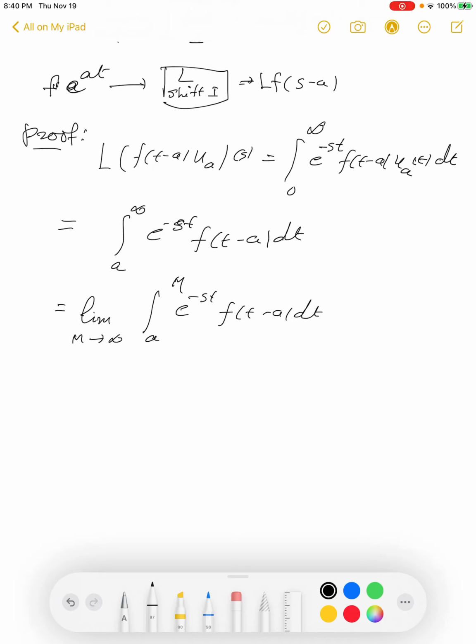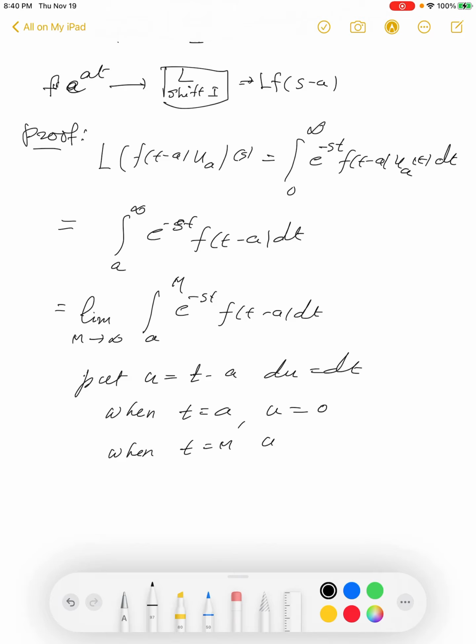And now you make the change of variable u equals t minus a, so du equals dt. When t is a, u is 0. When t is m, u is m minus a.